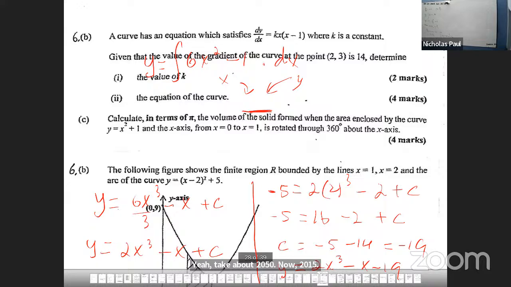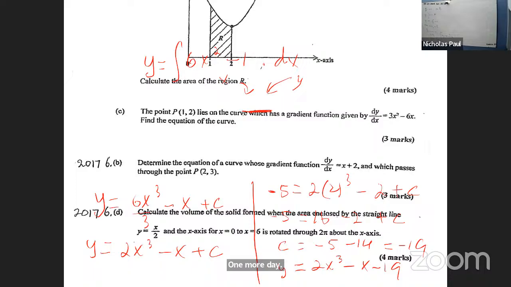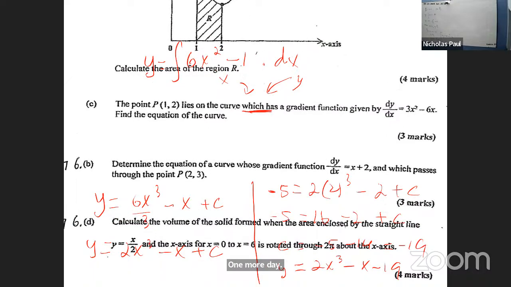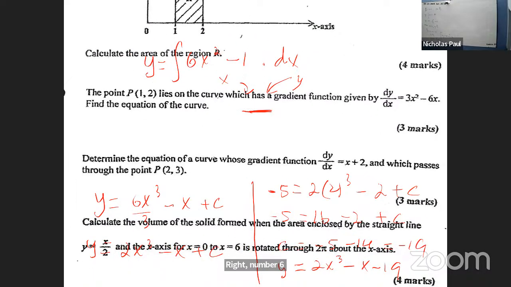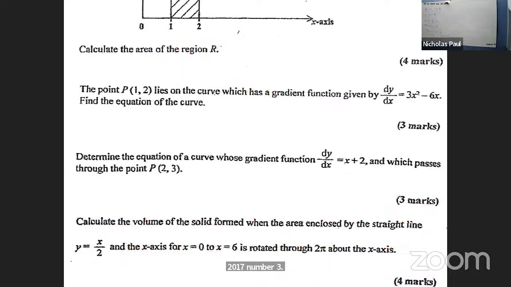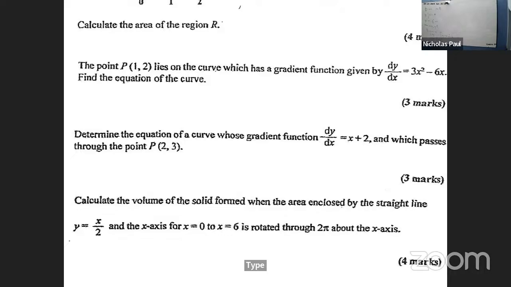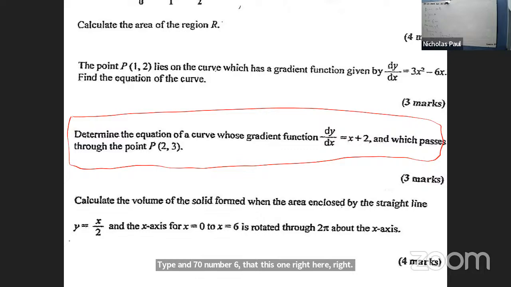Alright, 2017, number 6. Last easy one, right? 2017, number 6, that's this one right here.